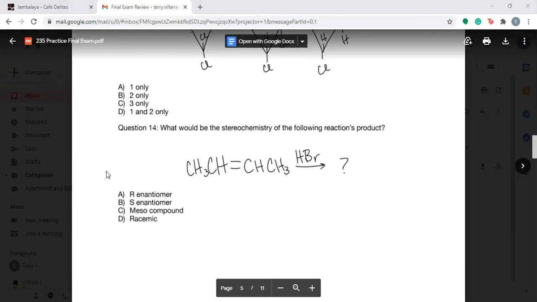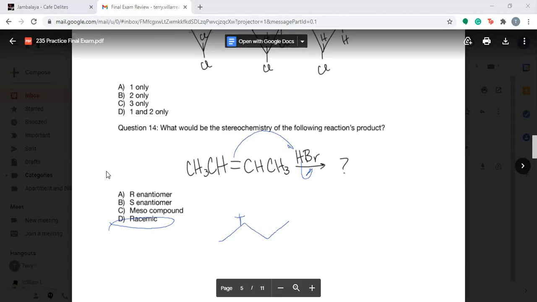What do you form when this double bond grabs the proton? What's your intermediate going to be? Carbocation. Remember, anytime you form a carbocation, you are no longer going to have any stereospecificity, meaning you can get both the R and S. So you should get a racemic mixture. So anytime you have a carbocation in your mechanism and you get a stereocenter, you are most likely going to get a racemic mixture. This is also true for our radical chemistry as well.